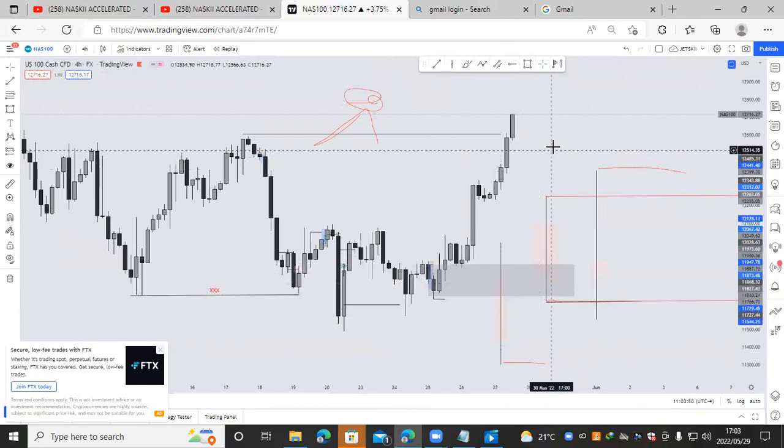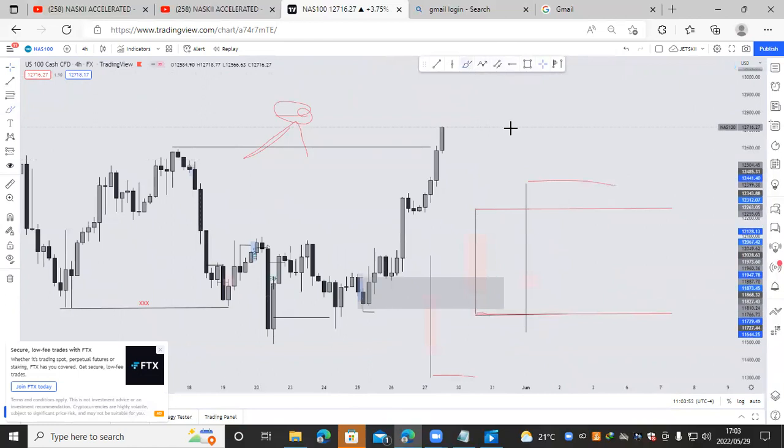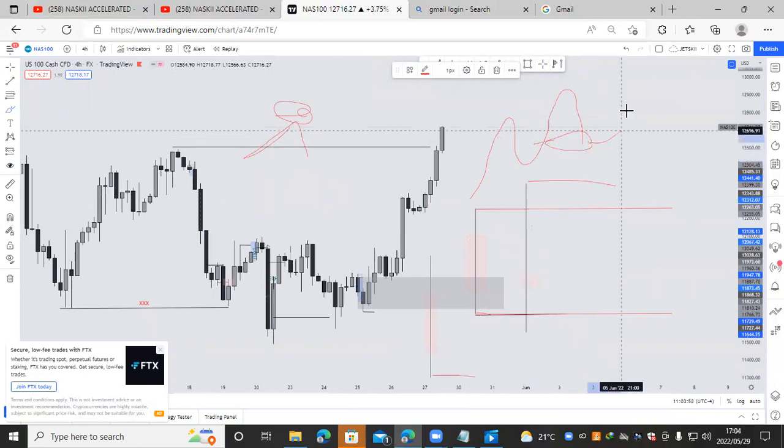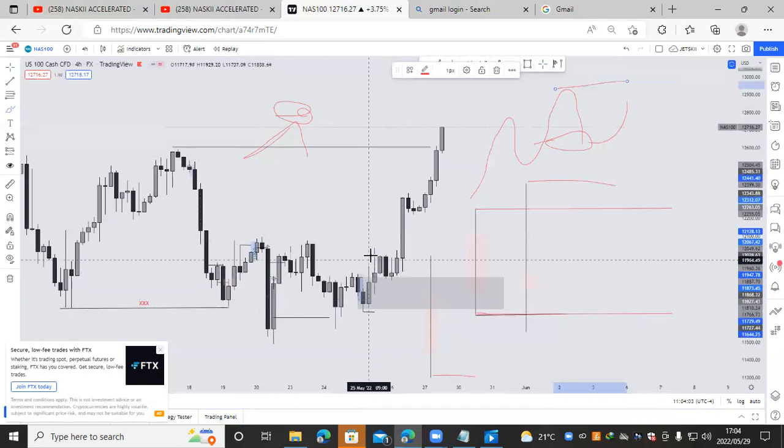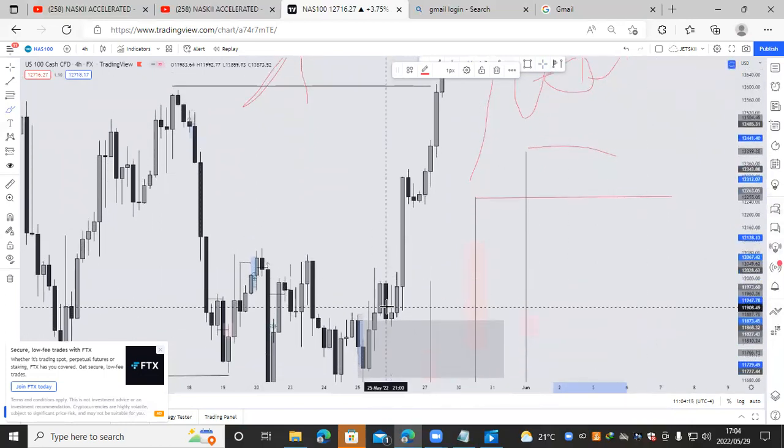If we have something like this, we expect the market, if it comes to the zone, we want to be buying, clearing the highs there. So that was the zone. Keep in mind that here, we want to be buying these markets.